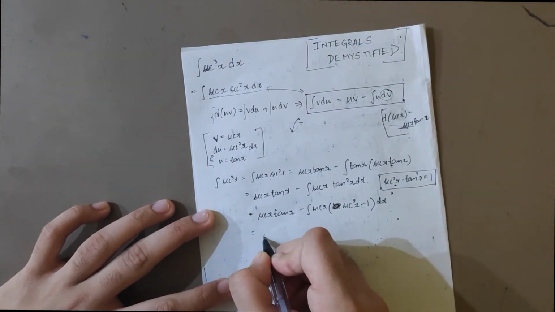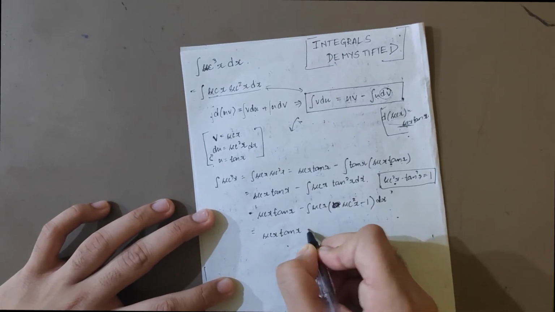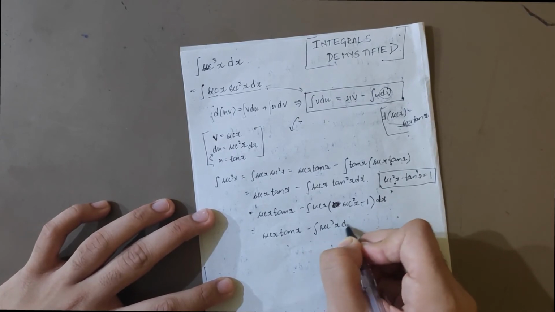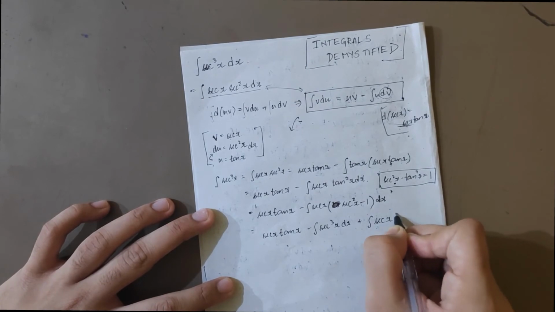This becomes secant x tan x minus integral secant cubed x dx plus integral secant x dx.